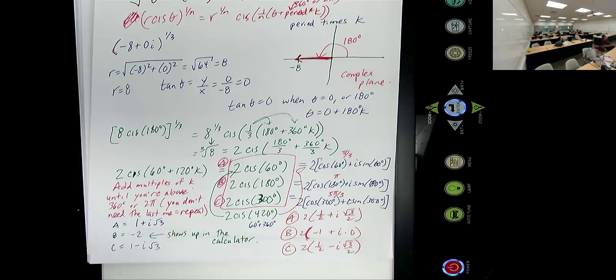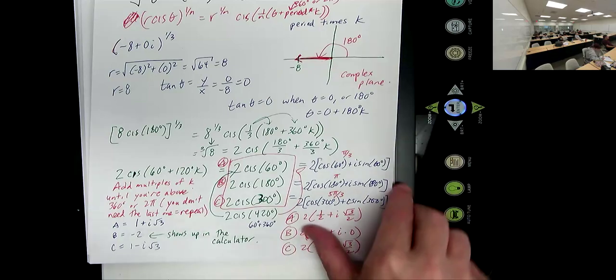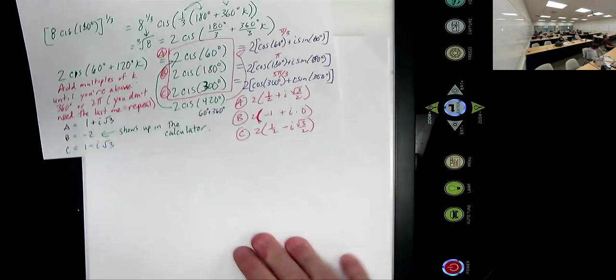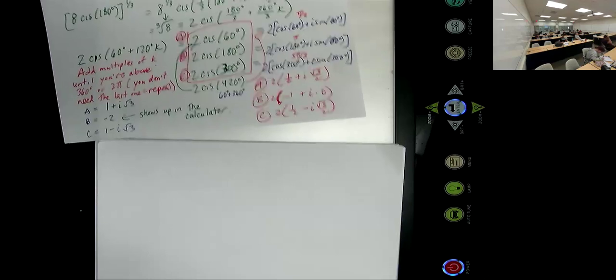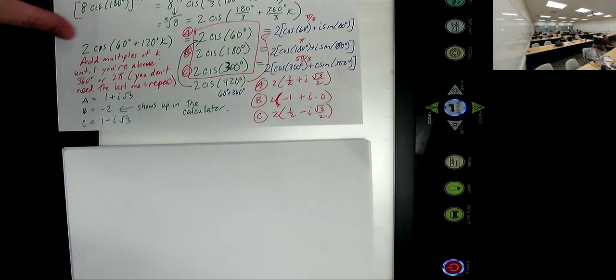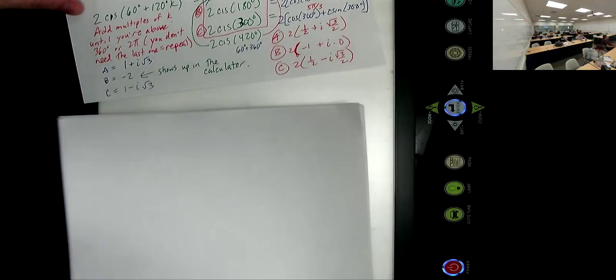That case where your A and your C are just a sign difference. Well, in this case, there were 3 of them. We'll do one with 4 and then 5. I'll show you.